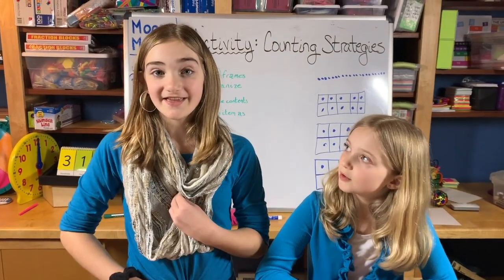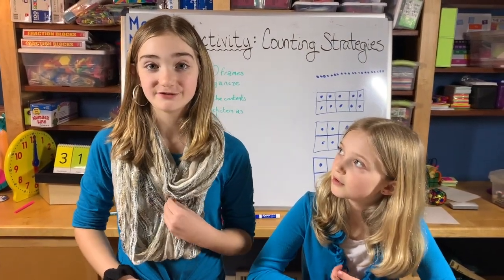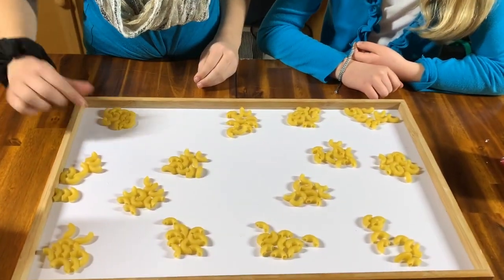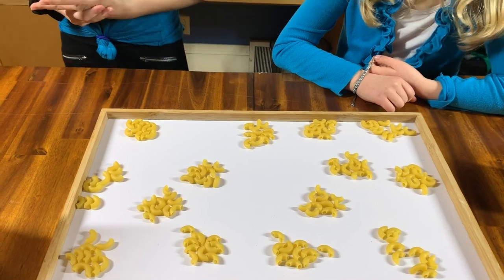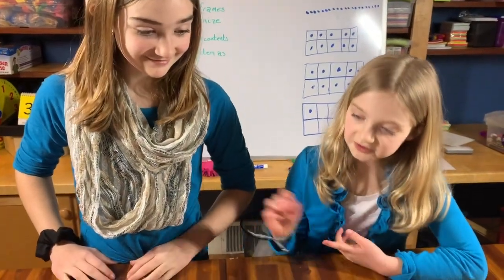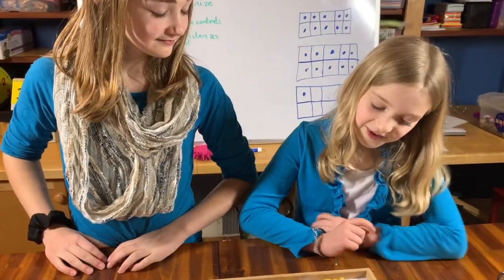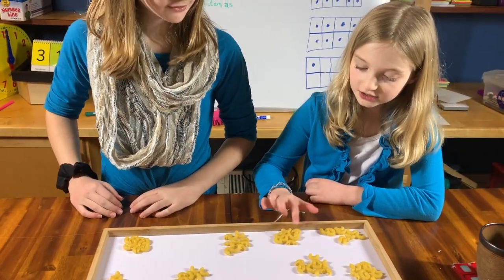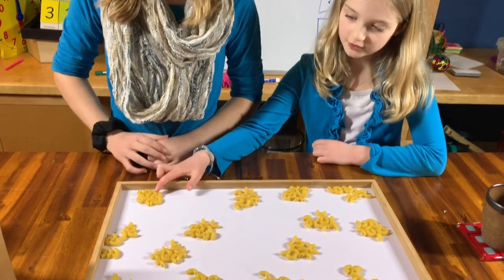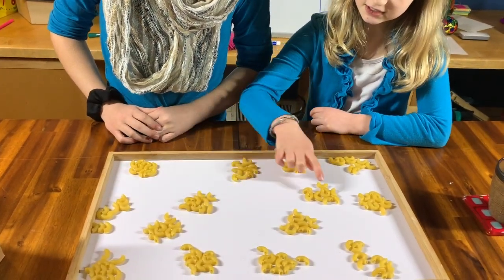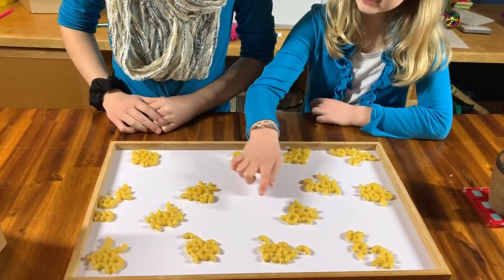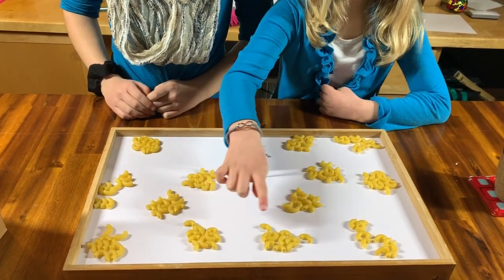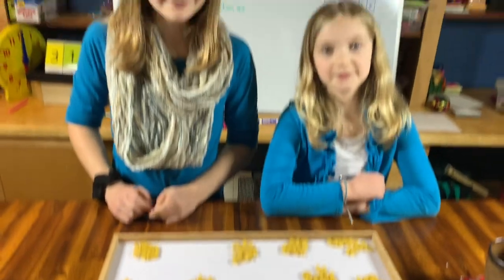I know that 14 times 10 is 140, which means we have 140 tiny macaroni. Or we could count by tens. 10, 20, 30, 40, 50, 60, 70, 80, 90, 100, 110, 120, 130, 140.